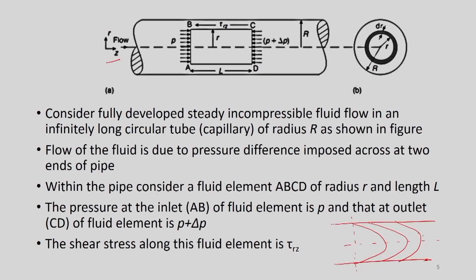That is what we mean by fully developed flow. That is, if only the z component of velocity exists, then ∂Vz/∂z would be 0. In this case, the flow of the fluid is due to the pressure difference that is imposed across the two ends of the pipe.